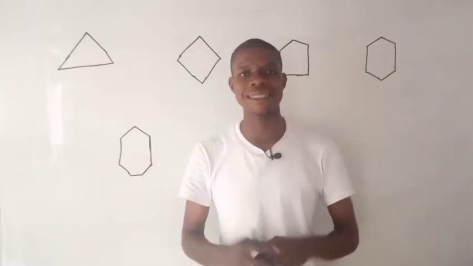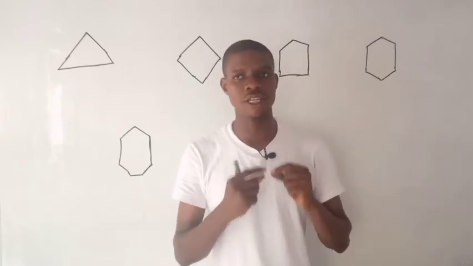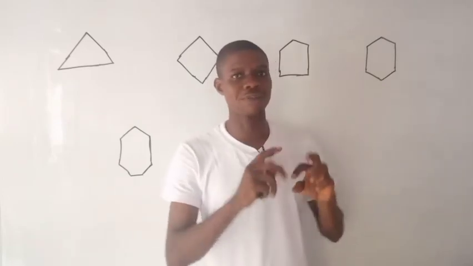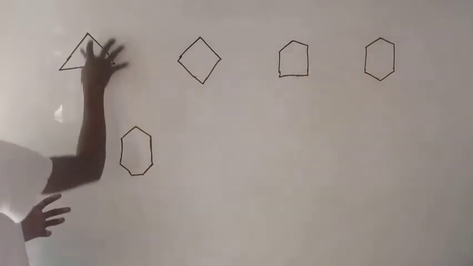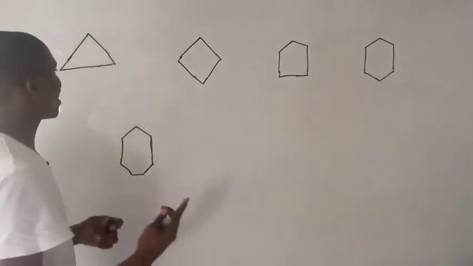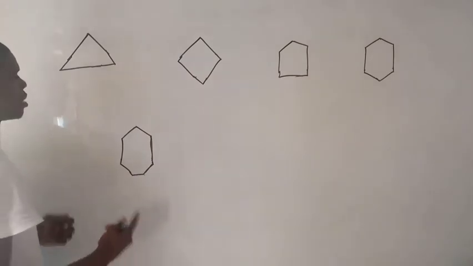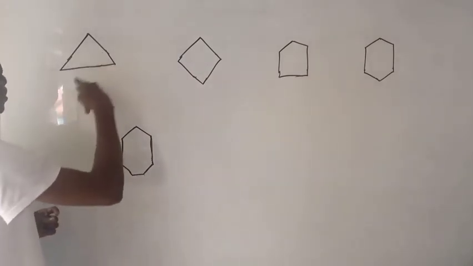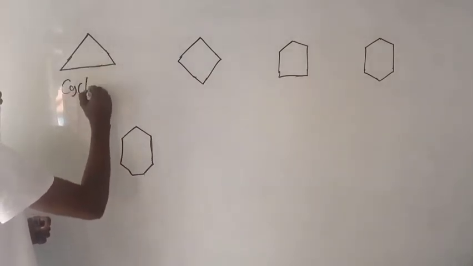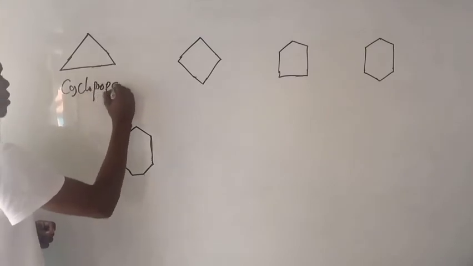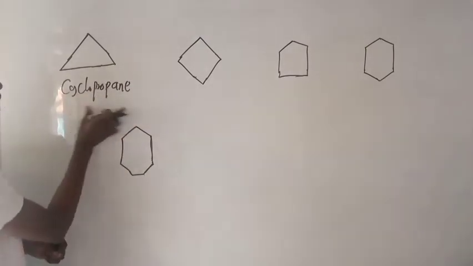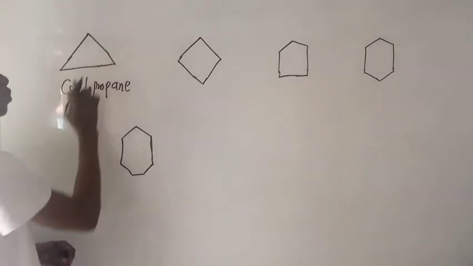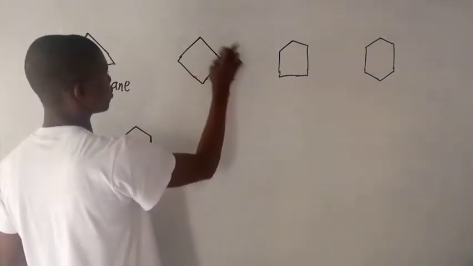When you talk about cycloalkanes, you're talking about a group of atoms in a ring. When you look at this one here, you can see that we have 1, 2, 3. Remember, the third member of the alkane is called propane, but since it's in a ring, that's called cyclopropane. This "cyclo" means that the carbons are in a ring. The same thing here, you have 1, 2, 3, 4.